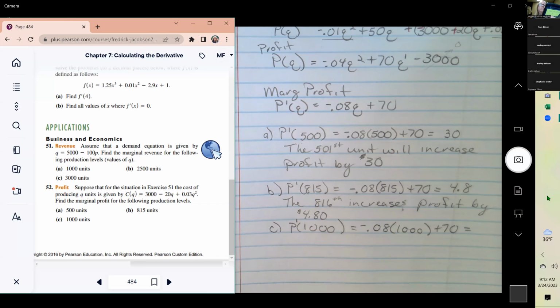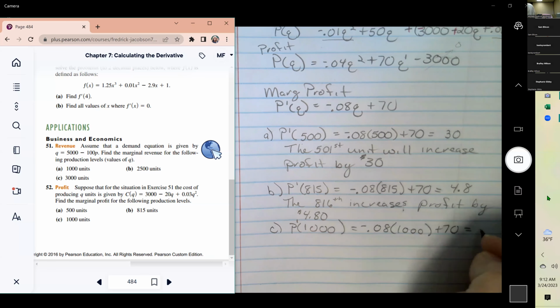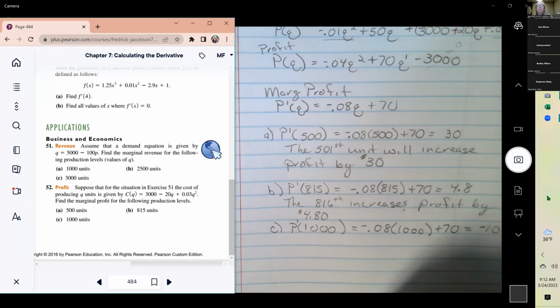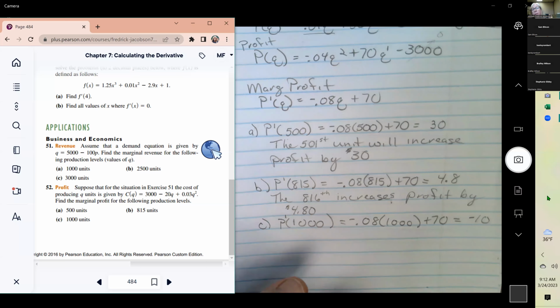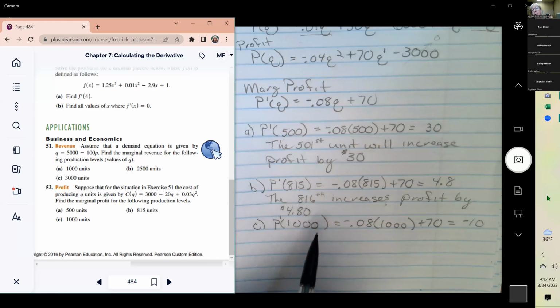And 1,000. Notice the 1,001st item, we're actually losing. Now, part of the reason could be you're producing too many and there's not a demand for it.